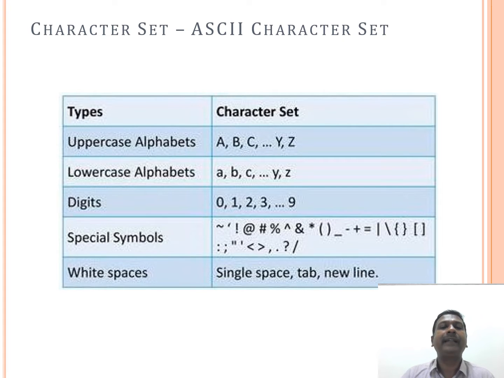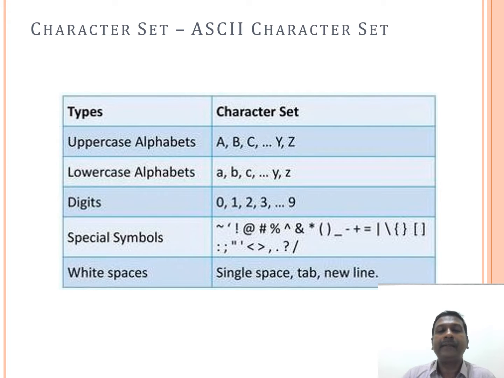These are the characters supported by the C programming language. C picks its characters from the ASCII character set. This is a universal coding scheme called American Standard Code for Information Interchange. So characters are picked from this coding scheme as part of the C programming language.